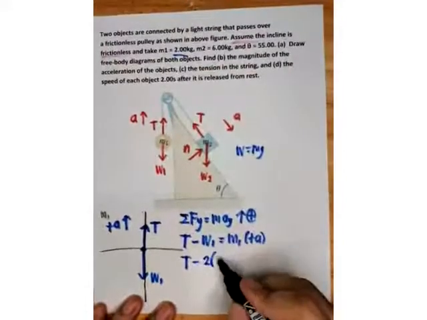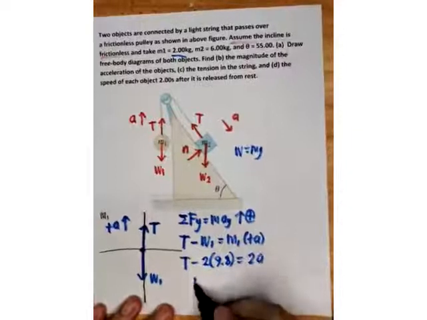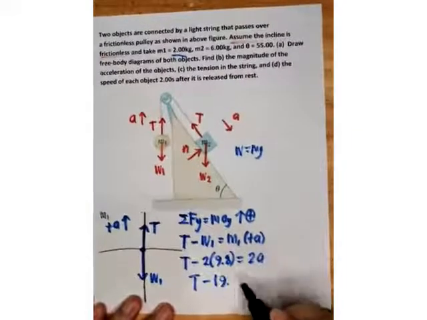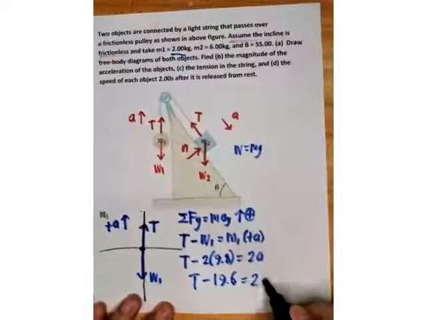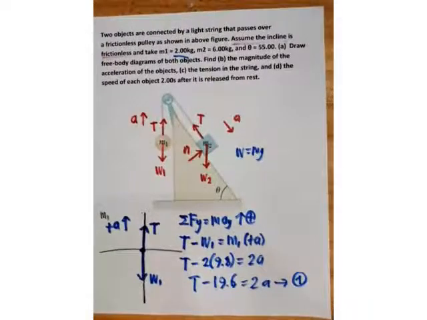So that's 2 times 9.8 is equal to 2A. So tension minus 19.6 is equal to 2A. So let this be our first equation. Okay, so yun yung ating first equation. May question?